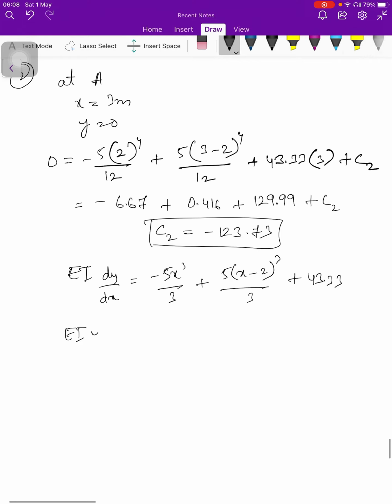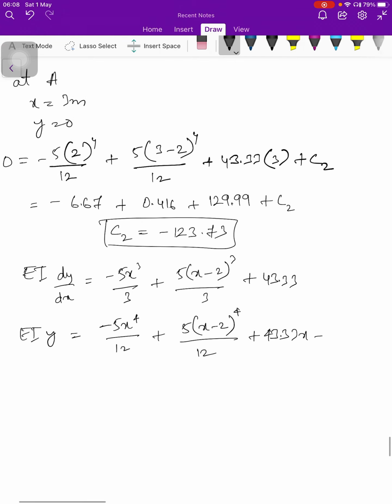Similarly, EIY will be minus 5 into x power 4 by 12 plus 5 into (x minus 2) whole power 4 by 12 plus 43.33x minus 123.73.